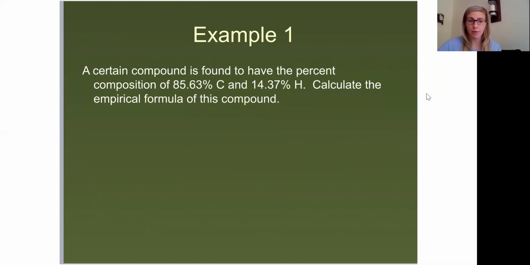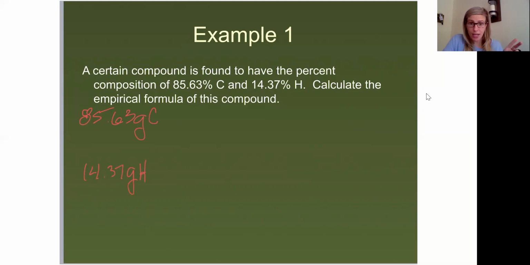So 85.63% carbon is now 85.63 grams of carbon, and 14.37% hydrogen is 14.37 grams of hydrogen.